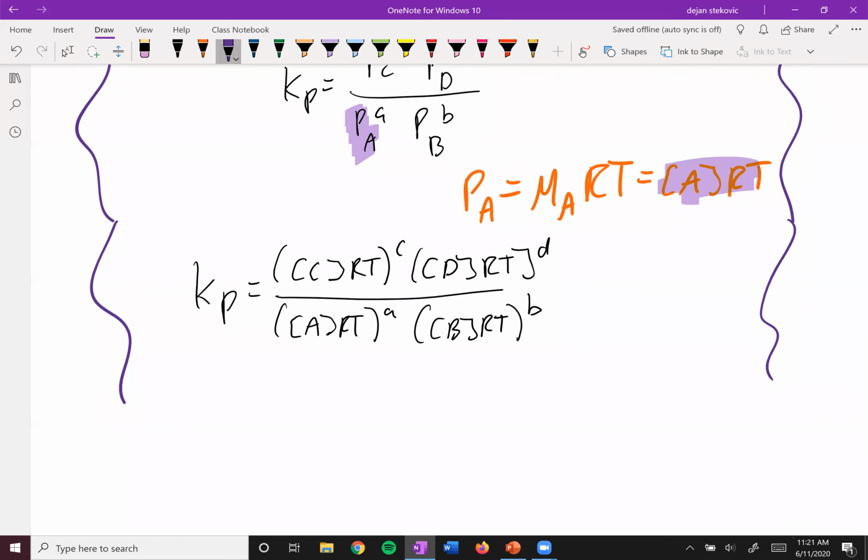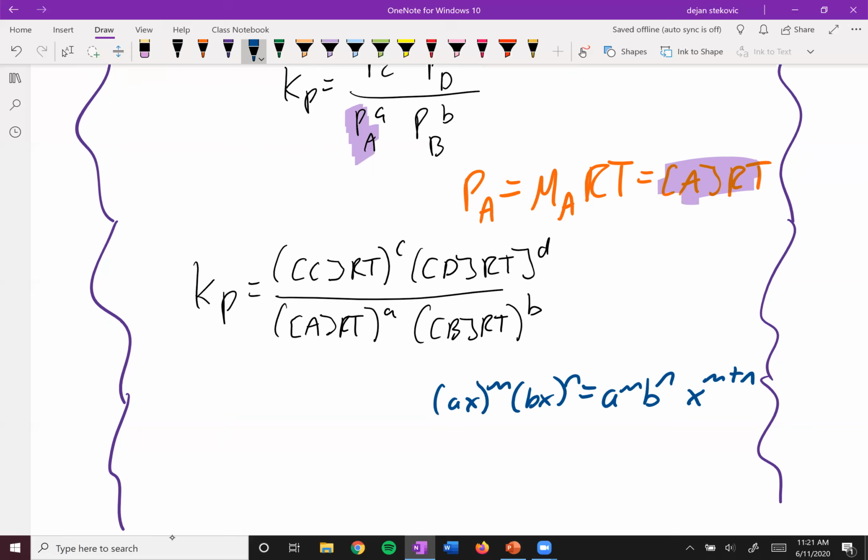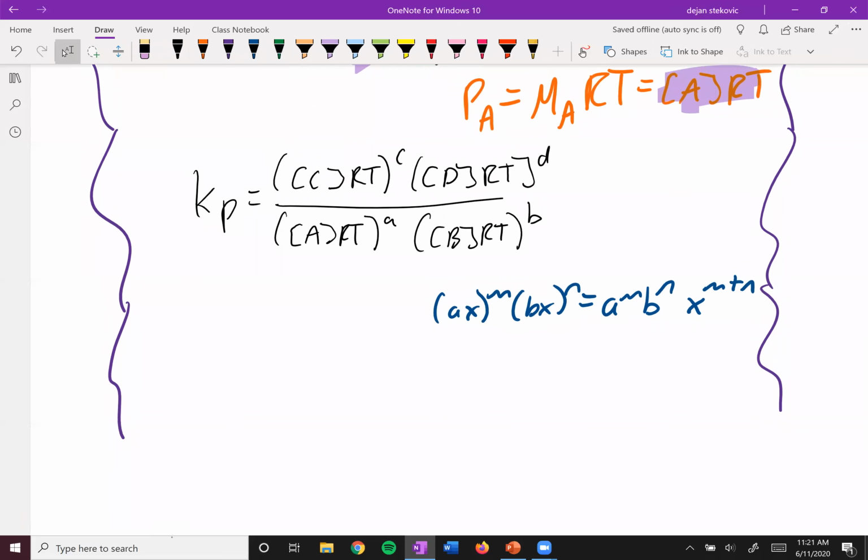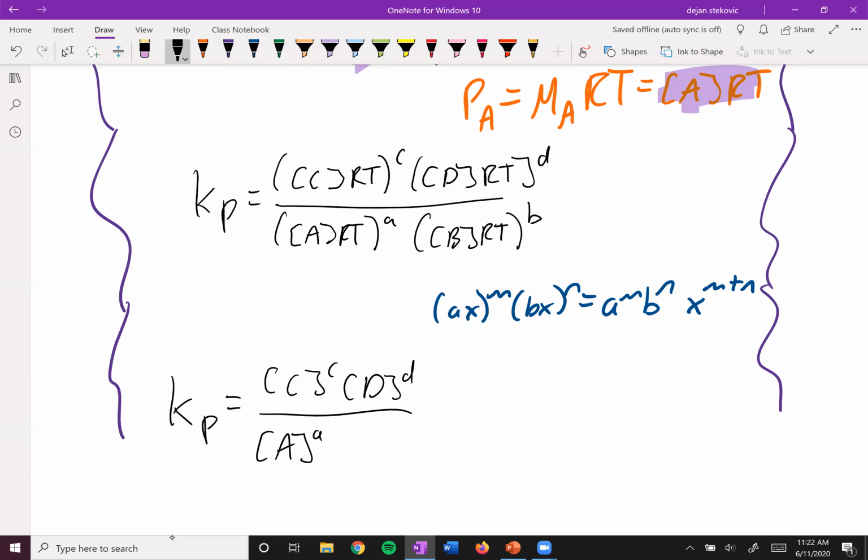Another mathematical property we can use to further simplify is ax to the m times bx to the n is equal to a to the m times b to the n times x to the m plus n. We can apply it to separate out some of this stuff. So we can then say the concentration of C to the power of c times the concentration of D to the power of d over the concentration of A to the power of a, B to the power of b.